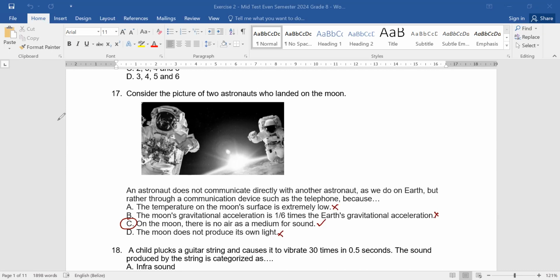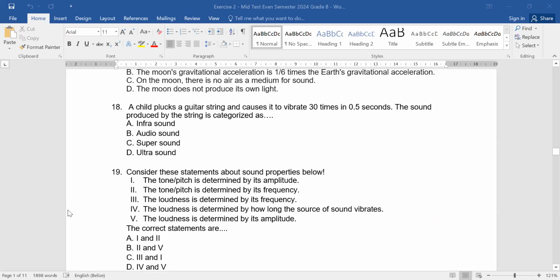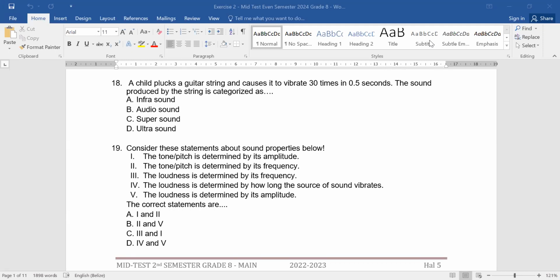That's question number 17. Okay, the next one, question number 18. A child plucks a guitar string and causes it to vibrate 30 times in 0.5 seconds. So from here, it's quite clear that N is 30 and time is 0.5 seconds. The question is, you need to categorize the type of sound that is produced.